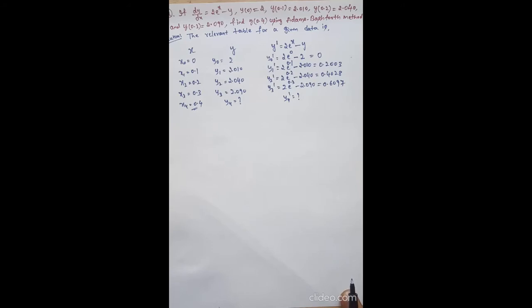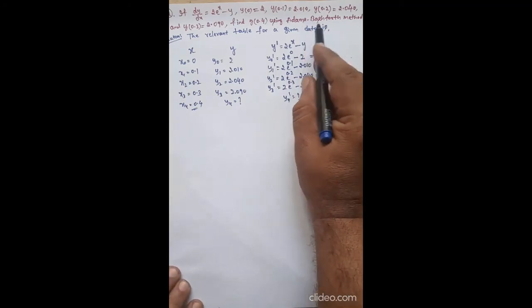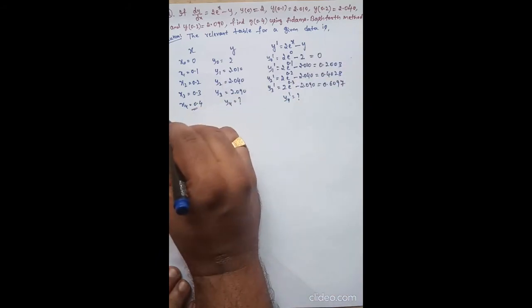So this is the first step here, construction of a data table. So once you construct a data table, according to the procedure, you have to find the predicted value for a problem. So let us use the Adams-Bashforth predictor formula and we find what is y4 power p.